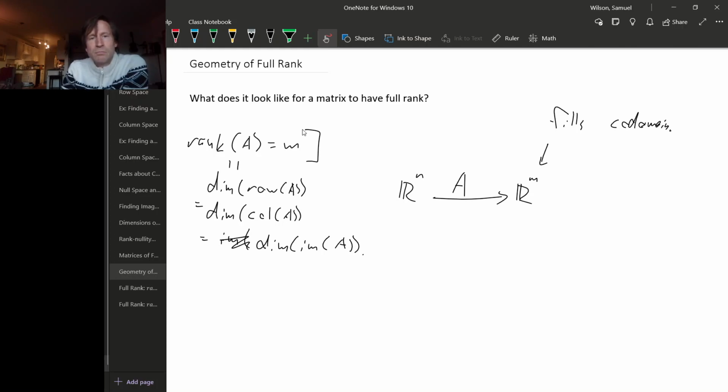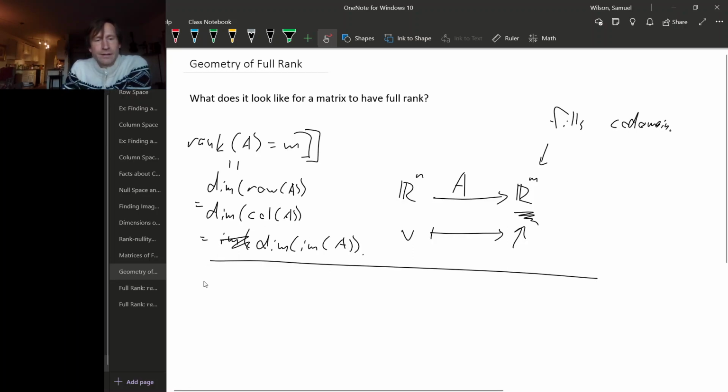Being of full rank because your rank is the number of rows means that you fill up your target space. So every vector in the target space is hit by some vector coming from Rn.